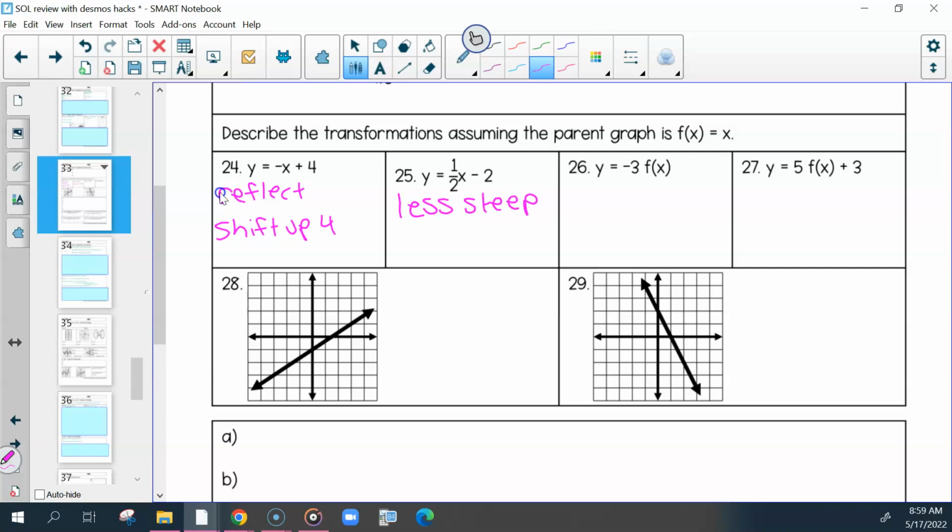And then what did the -2 do? Down 2. I'm going to say 1/2 less steep, just to be specific. So these will be one of these 3 answers: reflect, steeper or less steep, shift up, shift down.